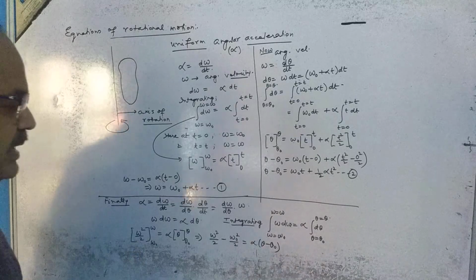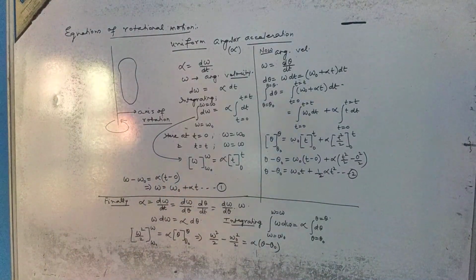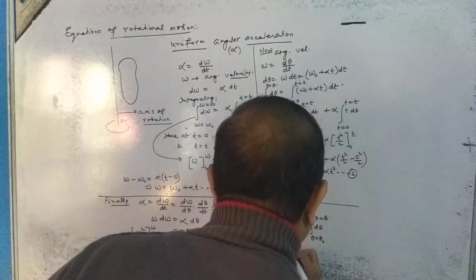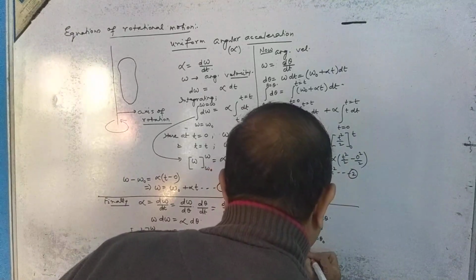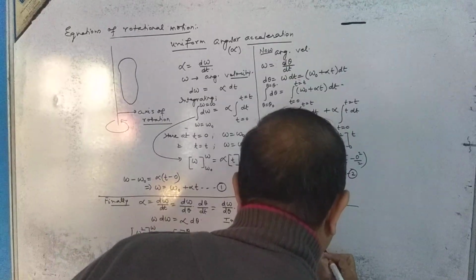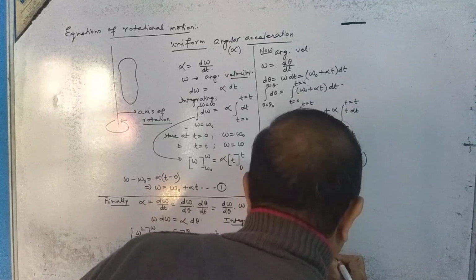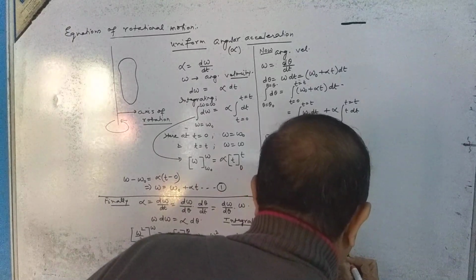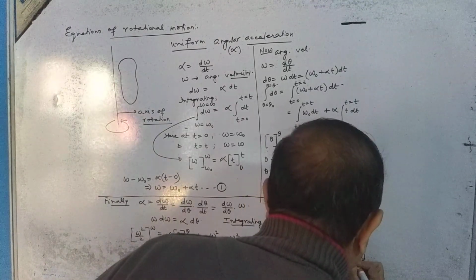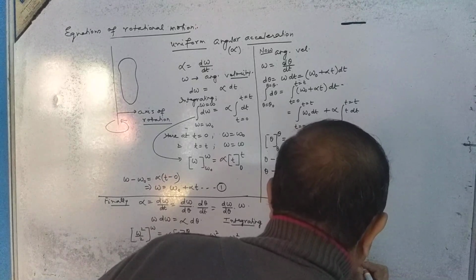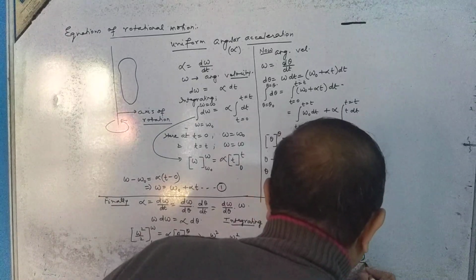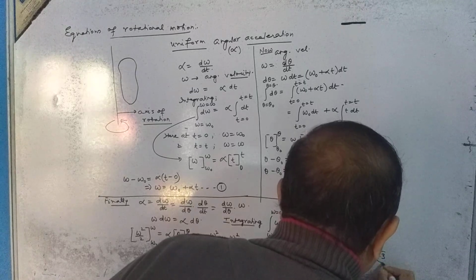I hope it is sufficient up to this mark. I can directly write the value: omega square is equal to omega naught square plus twice alpha into theta minus theta naught. This is equation number 3.